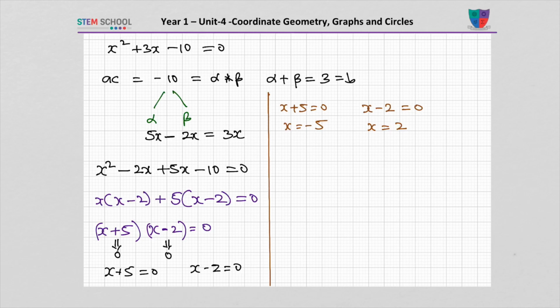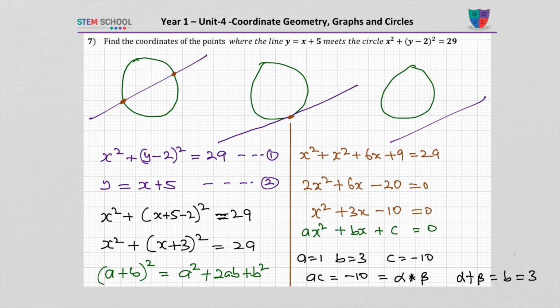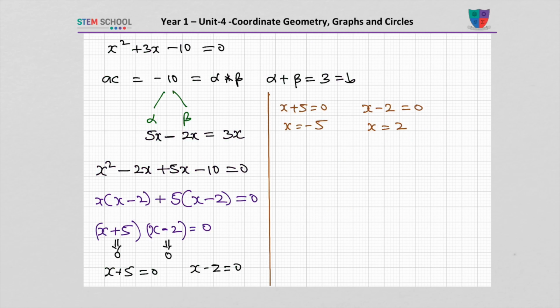Now I need to find the values of y when x is minus 5 and x is 2. We know that from equation 2, y equals x plus 5.